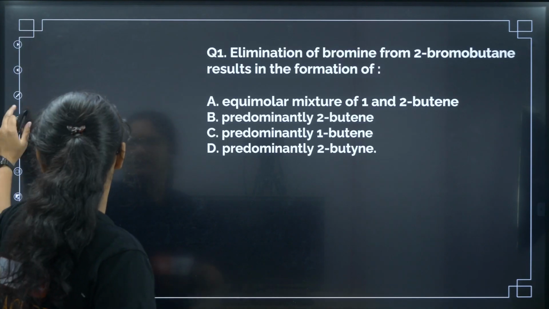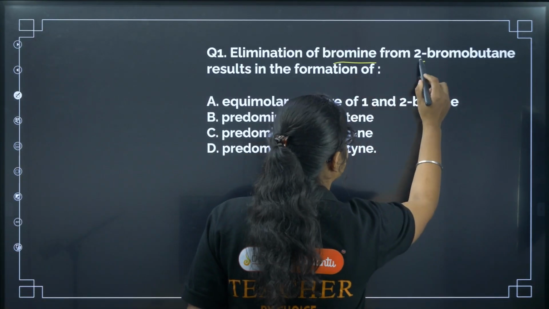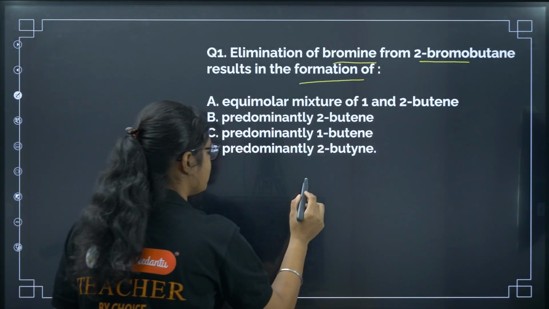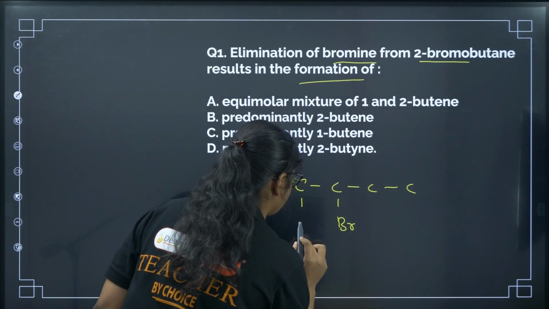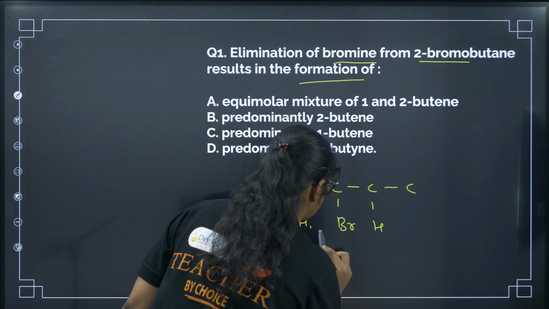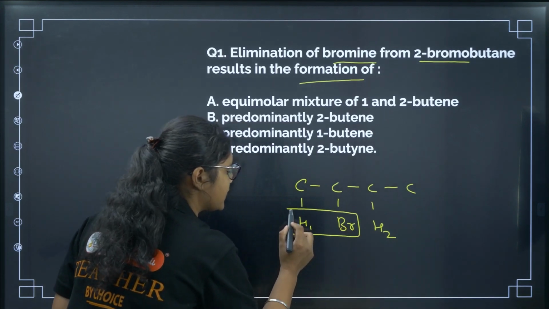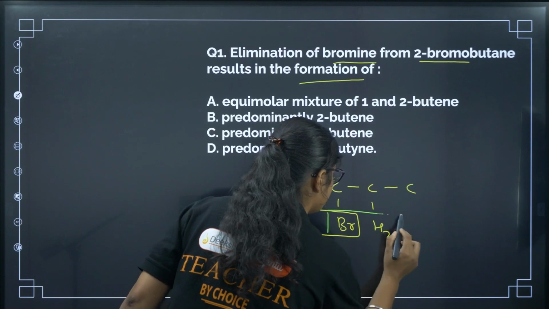The first question is, elimination of bromine from 2-bromobutane results in the formation of. So you can see if we have 2-bromobutane, now we have one H here and we have one H here. So I'll mark it as H1 and H2. So you can see there is a possibility that these two can eliminate, and there is also a possibility that these two will eliminate, right?